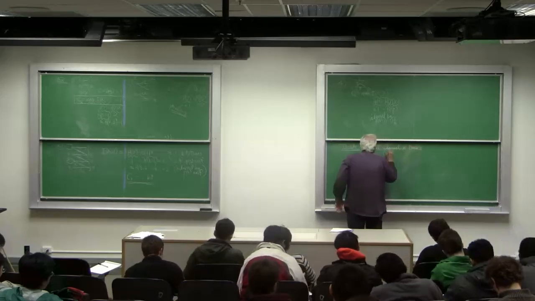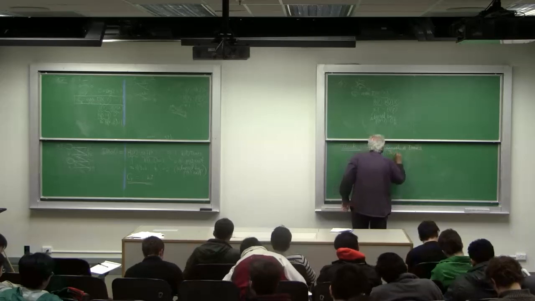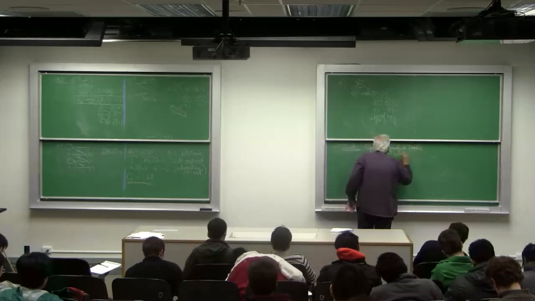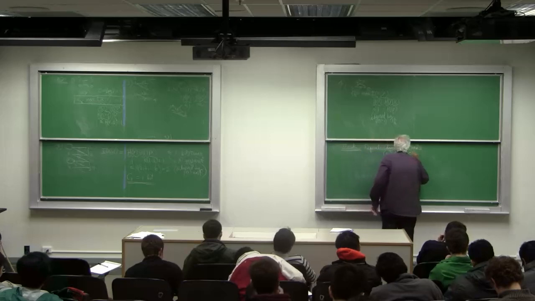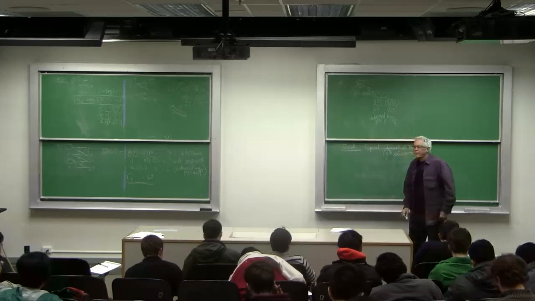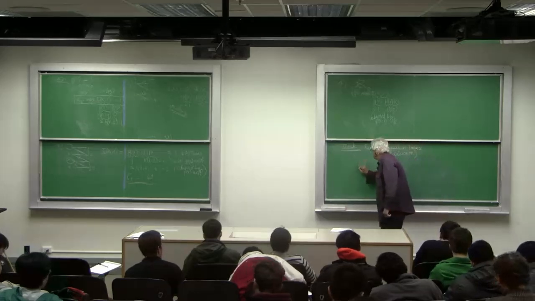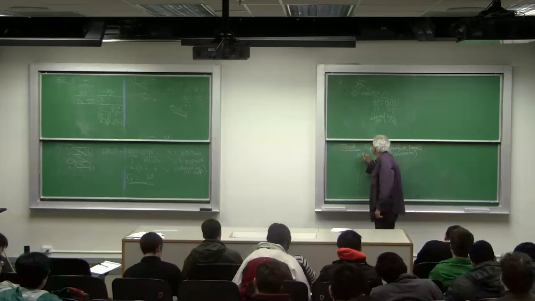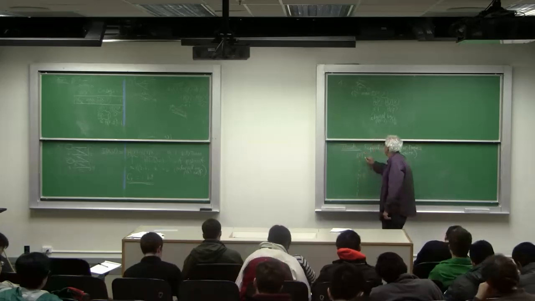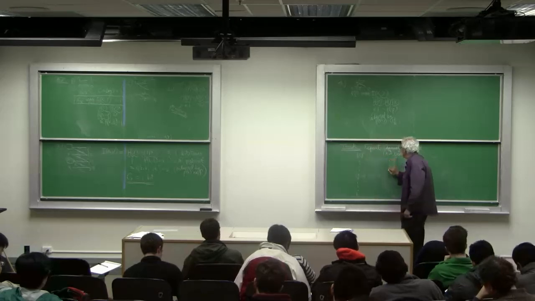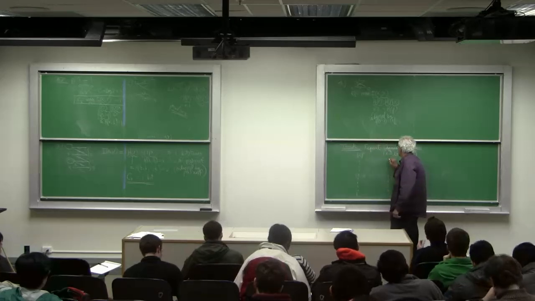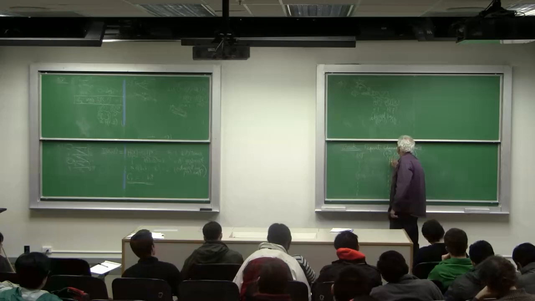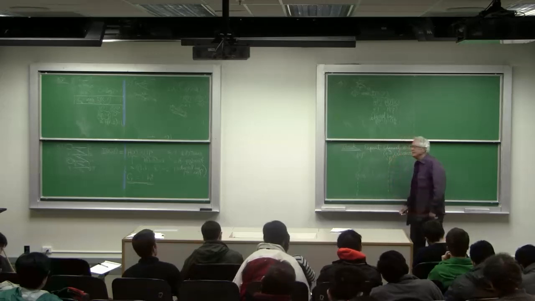So this is the nth extension. Now, the input alphabet is of size |X|^n, and the output alphabet is of size |Y|^n.